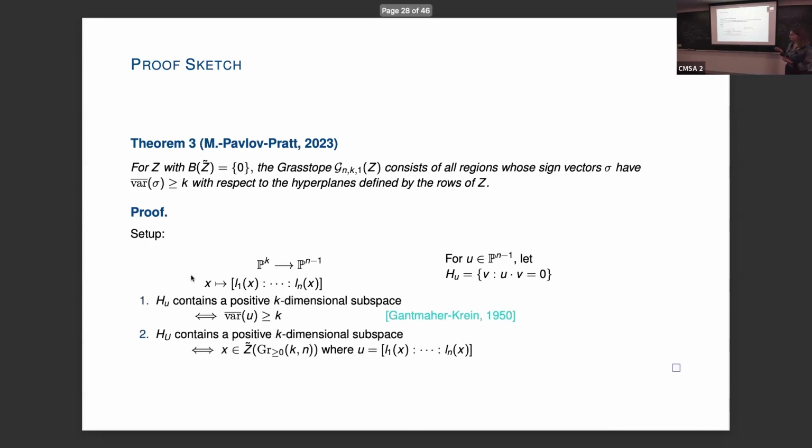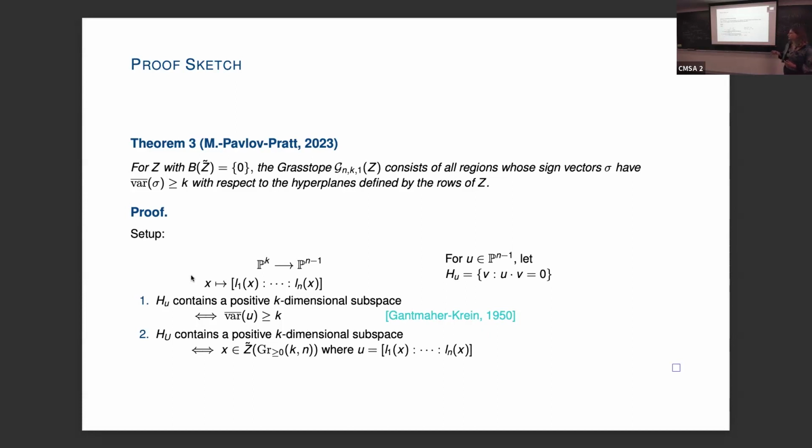And then we have 2 components. One is that we identify PK with hyperplanes in Pn-1 that contain the kernel of Z. You can check that the dimensions actually match up this way. And containing the kernel of Z means that we are points that could be mapped from the Grassmannian into PK.